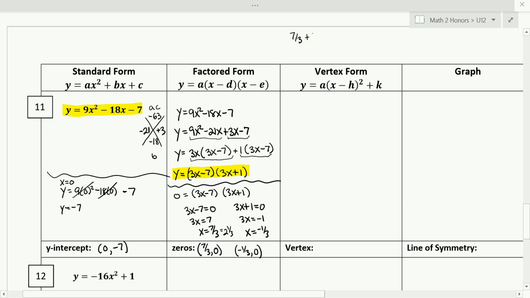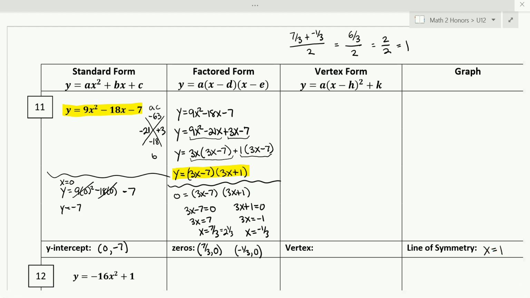So 7/3 plus a negative 1/3, and then I divide that by 2. We have to figure out what that is. That's going to give us 6/3 over 2, which is 2 over 2. Mr. Marsh made it work out nice right now. Eventually it won't. Right now it is still working out okay. So what's our axis or line of symmetry? X equals 1. Nice.